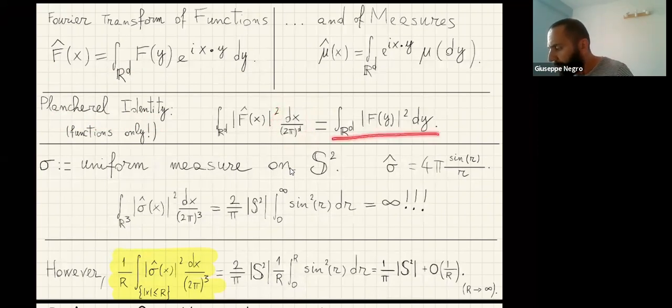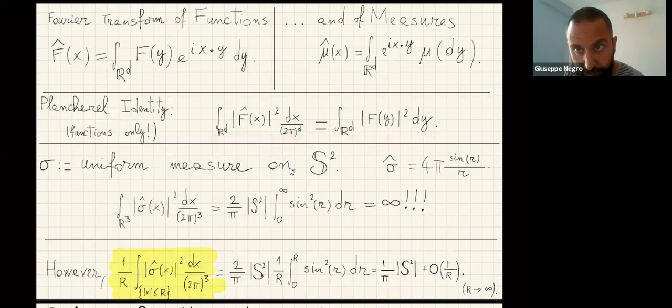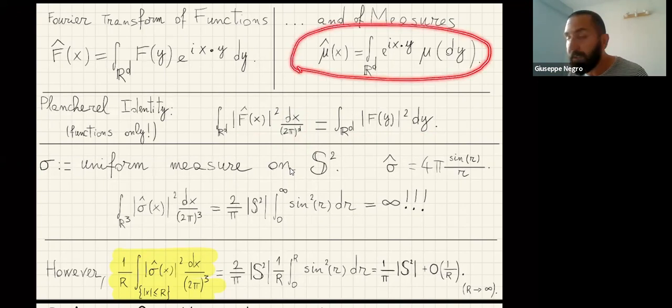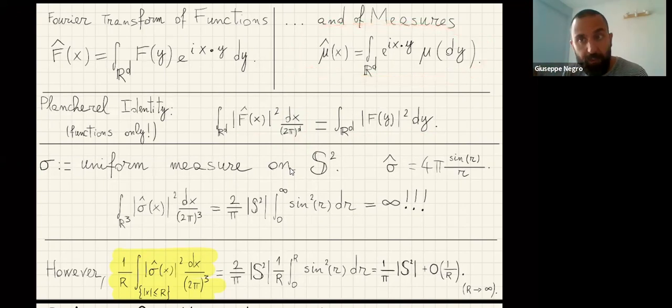And now the question arises: what can you say about this identity in the case of measures? It's not just a curiosity; it's important because very often this is the representation formula for a partial differential equation, such as the Helmholtz equation. I will talk about this later. So it's important to estimate the L2 norm of an object such as this one.